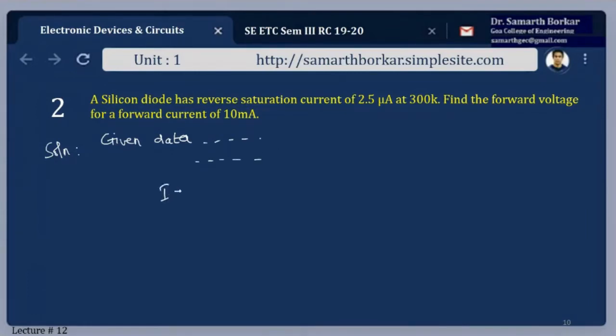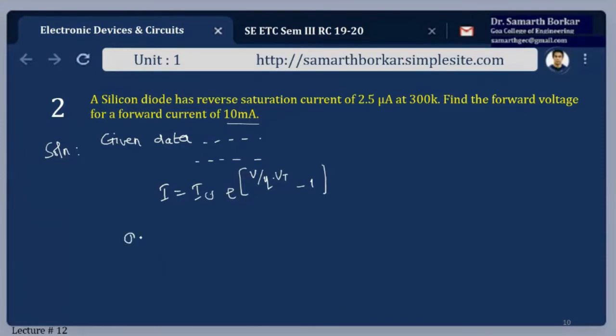I equals I naught e raised to V by eta V_T minus 1. Let me substitute the values. I is how much? 10 milliamperes, the forward current. So write it in terms of amperes.